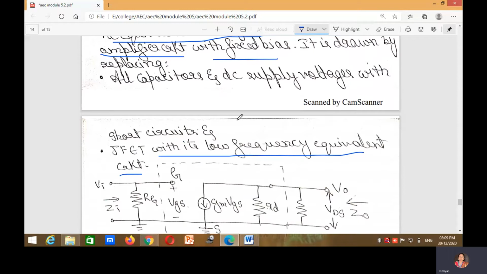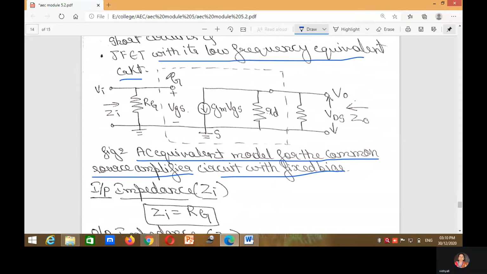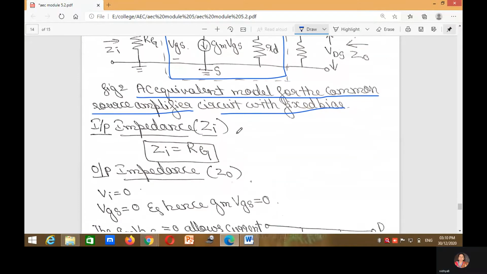We are considering the AC equivalent now. This is the model they have considered.